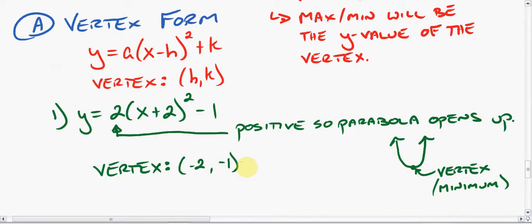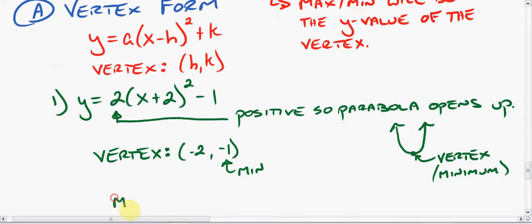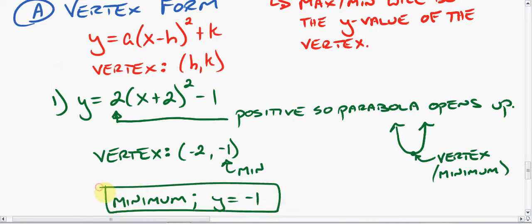And your minimum value, as I said here, is always the y value of your vertex. So that's right here. This is my min value. So my answer would be to state that I in fact have a minimum, and that value is y equals negative 1. That's it. That's how you do it for the vertex form.